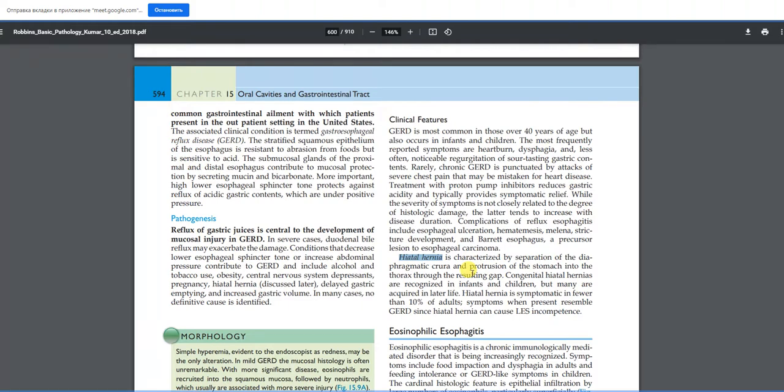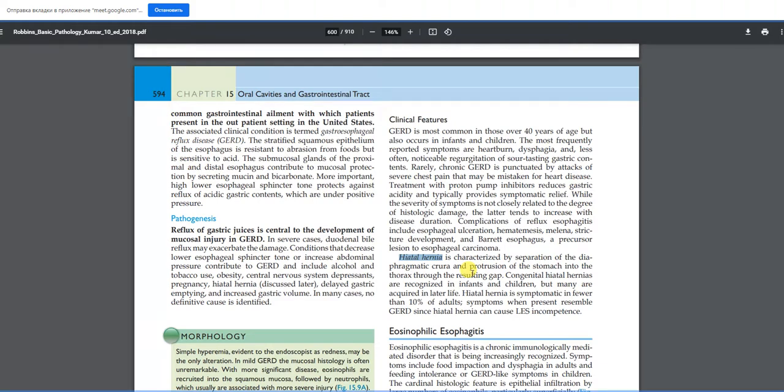So you remember this anatomy, yeah? The esophagus passes through the diaphragm, and directly after the diaphragm starts the stomach. But what is a hiatal hernia? It's when some portion of the stomach enters into the chest cavity through the diaphragm, and actually the diaphragm also works here like a support for the distal esophageal sphincter.